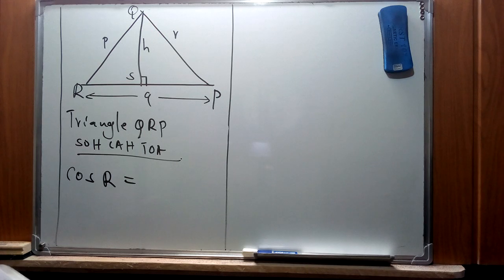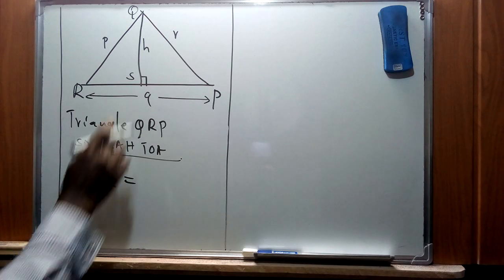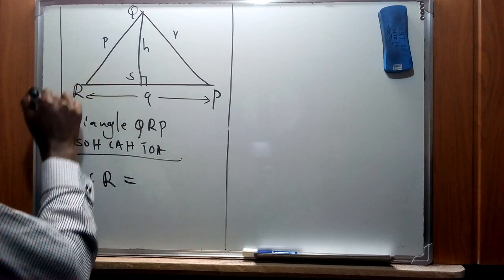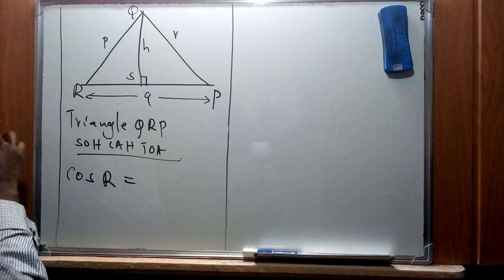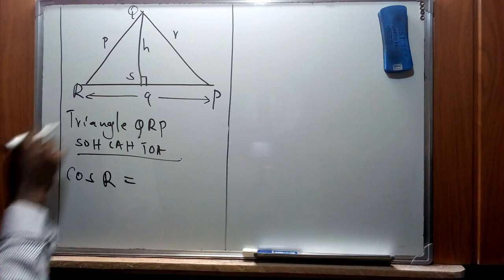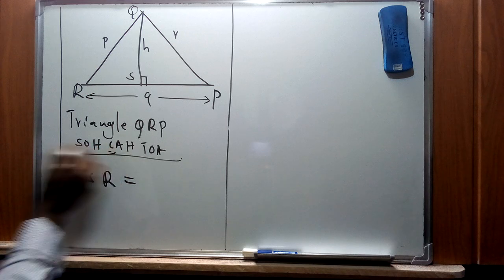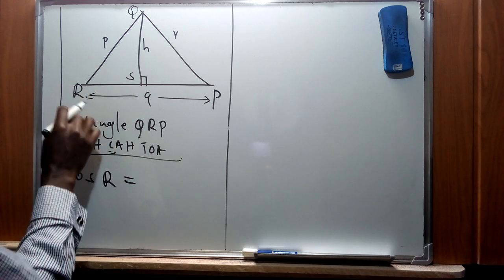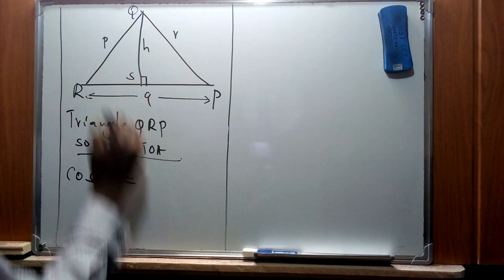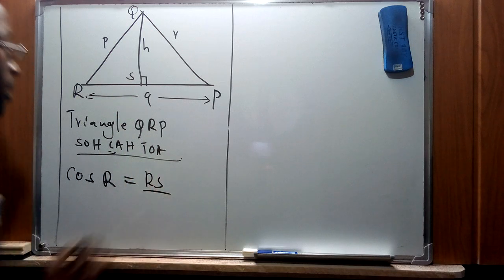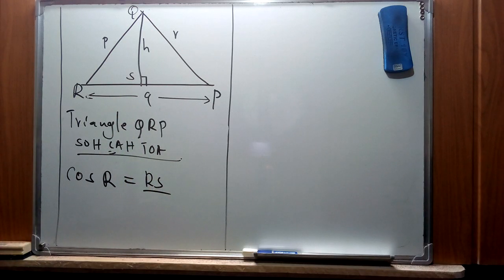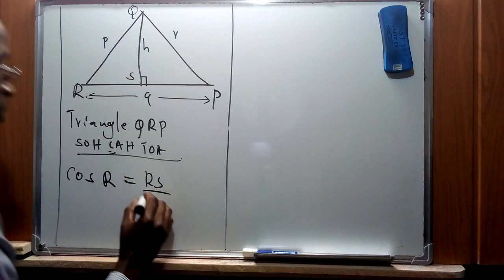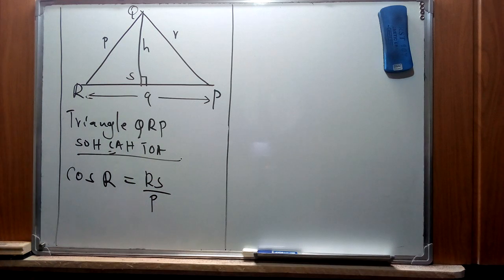This is the cosine of angle R. Whenever I talk about angle R, I imply this one. The cosine of R is going to be adjacent over the hypotenuse, so this is going to be RS over the hypotenuse, which is represented by small p. So this is how we define the cosine of R.